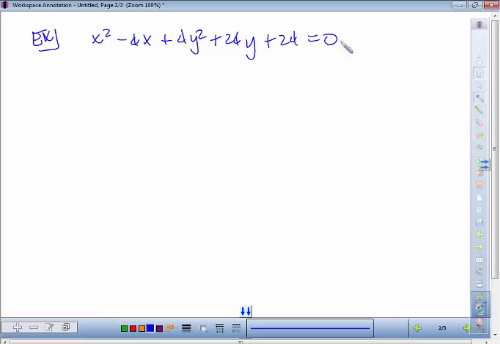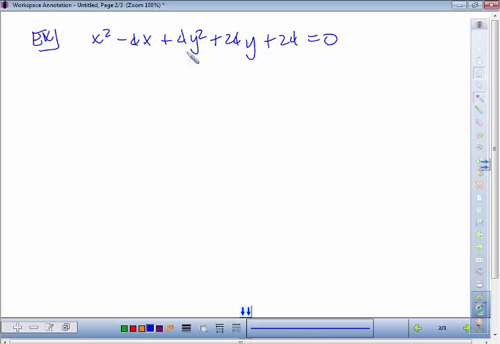So our equation: x squared minus 4x plus 4y squared plus 24y plus 24 is equal to 0. This is not a parabola because both the x and the y are squared. And I would say it's not a circle because the coefficients of x and y are different. So we'll talk about how that coefficient comes into play when we start completing the square.